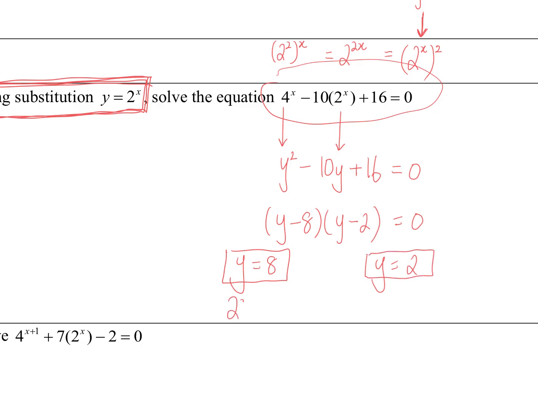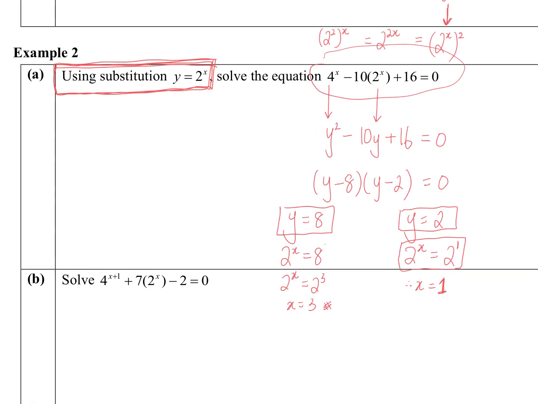So you put back 2x here. Then you realize that in order to solve for this, 2 is 2 to the power of 1. So therefore x must be 1. This one is 2 cubed. So therefore x must be 3. So this is by substitution. So the only new thing here for 5.1 is substitution.